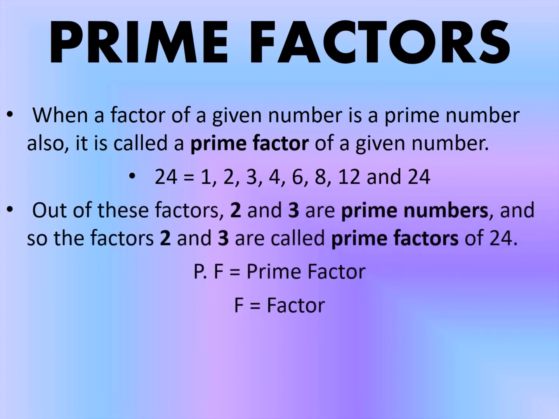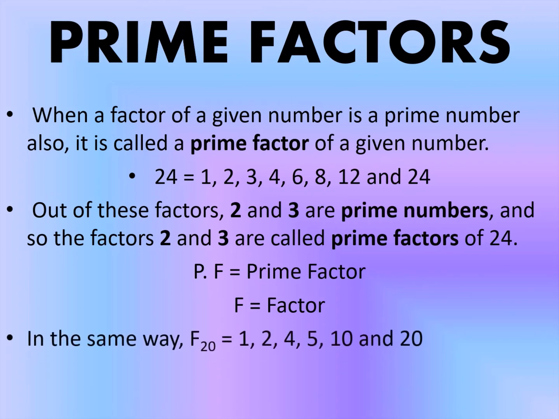Out of these factors, 2 and 3 are prime numbers, and so the factors 2 and 3 are called prime factors of 24.